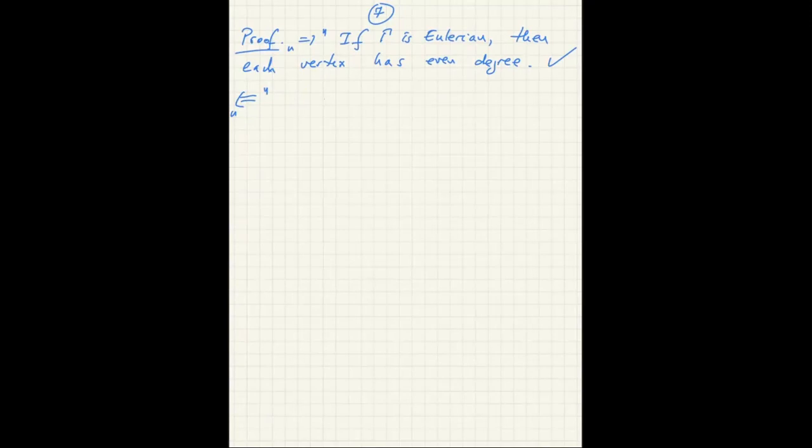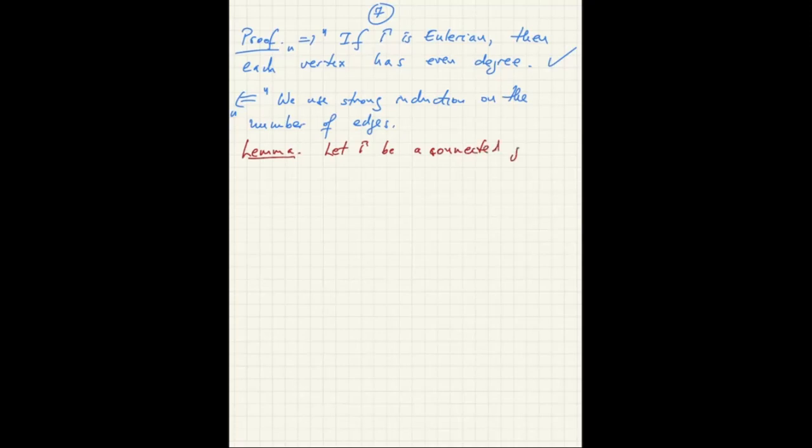For this implication, we will use strong induction on the number of edges. And we'll also use the following lemma, which is quite useful. Let gamma be a connected graph with minimum degree, which I denote by delta of gamma, greater or equal to 2.